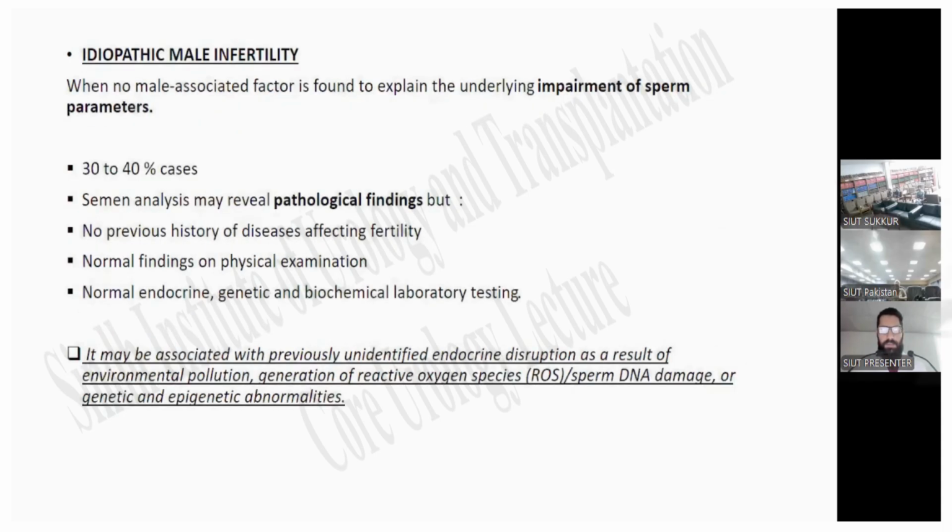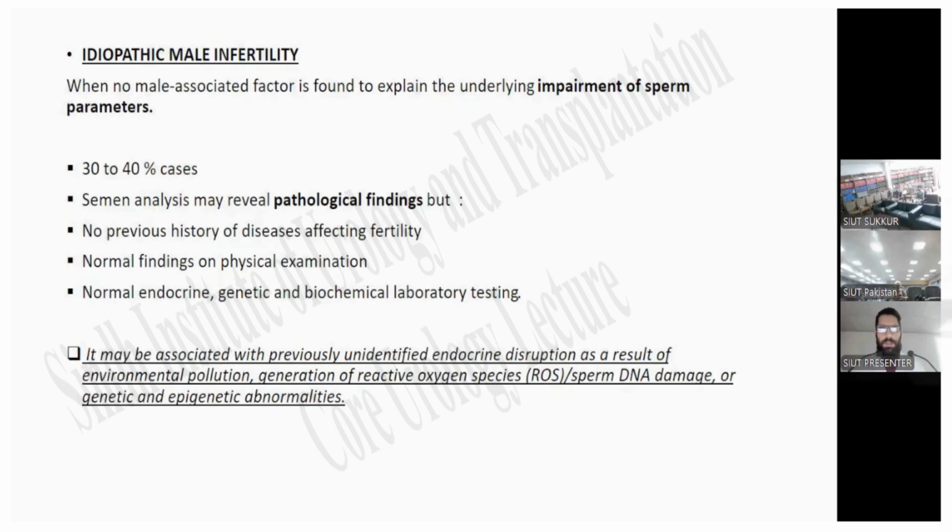In idiopathic infertility, no male associated factor is found to explain the underlying impairment of sperm parameters. So the difference between unexplained and idiopathic infertility is that in unexplained infertility, the semen parameters will be normal, while in idiopathic male infertility, the semen parameters will be abnormal, but there will be no cause identified in both.